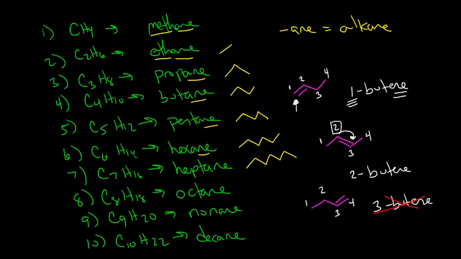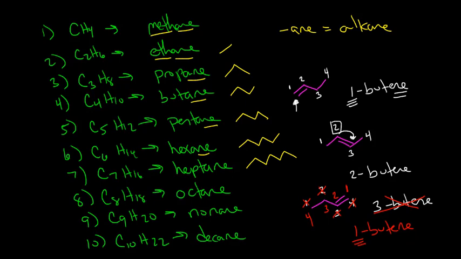And the reason this is not correct is that this numbering scheme is not correct. The reason it's not correct is because we can also start numbering this from the right side. So we could number this 1, 2, 3, 4, making this 1-butene. Okay, so we always name it so that the number is the smallest number possible.